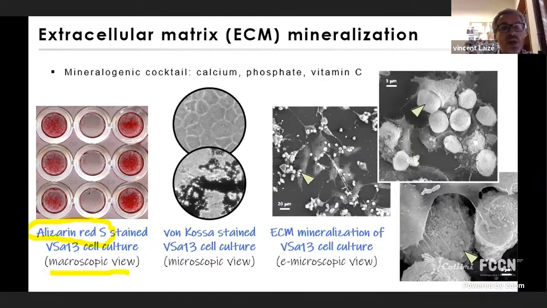Here you have more a microscopic view, and it's still the VSF13. It's still after 2 or 3 weeks of mineralization, but this time they have been stained with a different dye. It's Von Kossa staining, and that dye actually is based on silver ions that will react with the phosphate, get reduced, and give that particular black coloration.